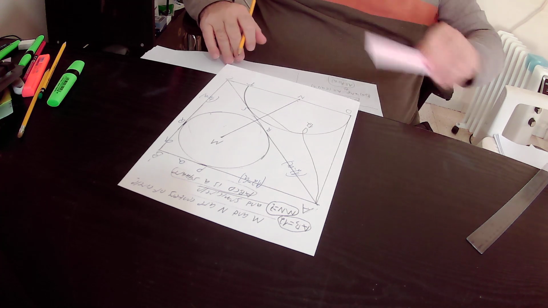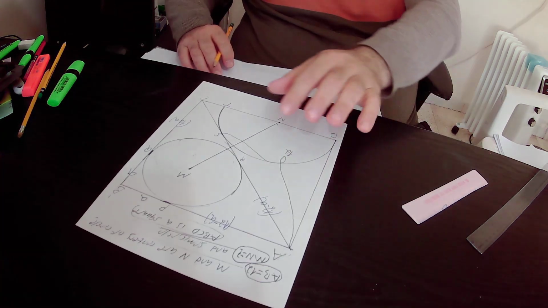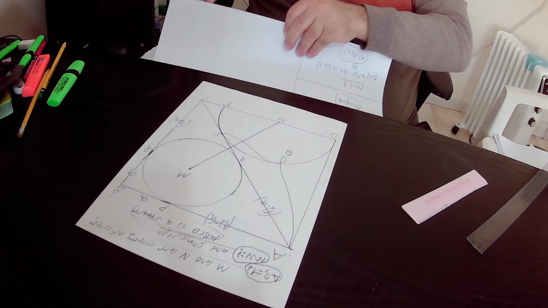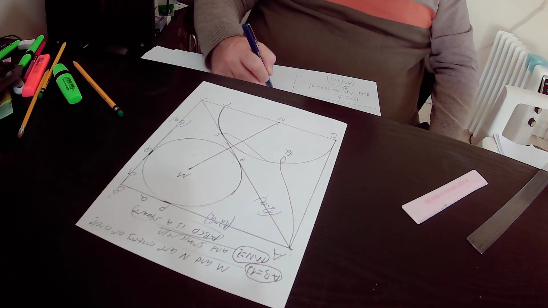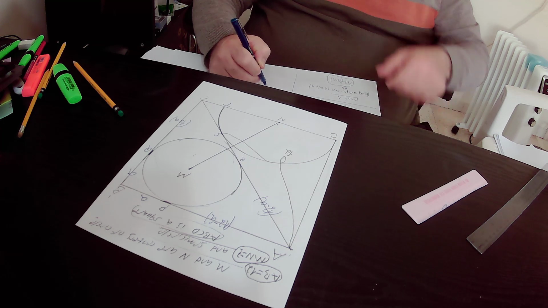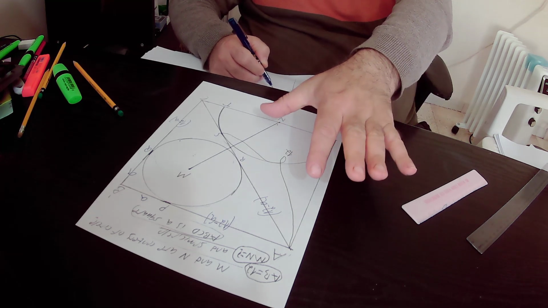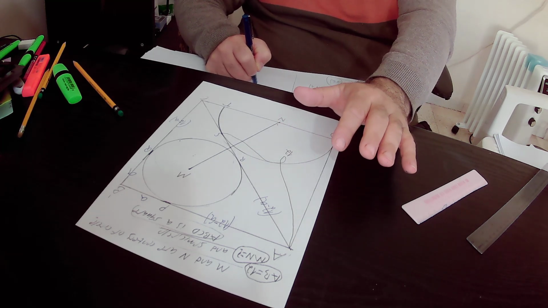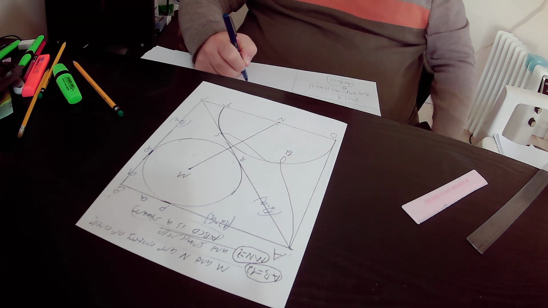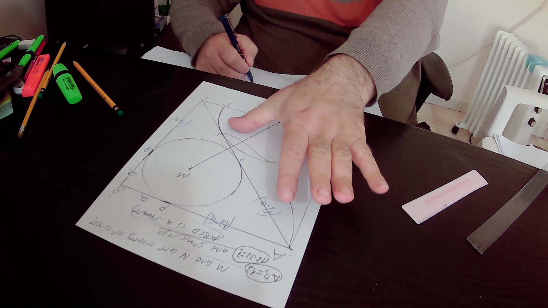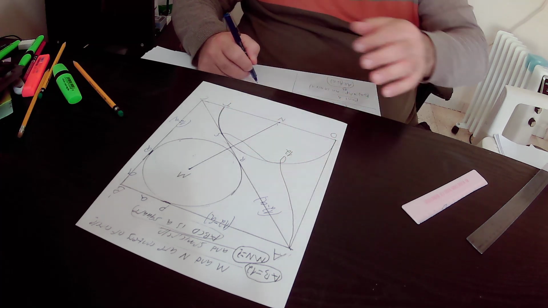And what is the value of the line segment RS? It is very easy to see from the drawing that RS is equal to AS minus AR. Again, AS minus AR equals RS.